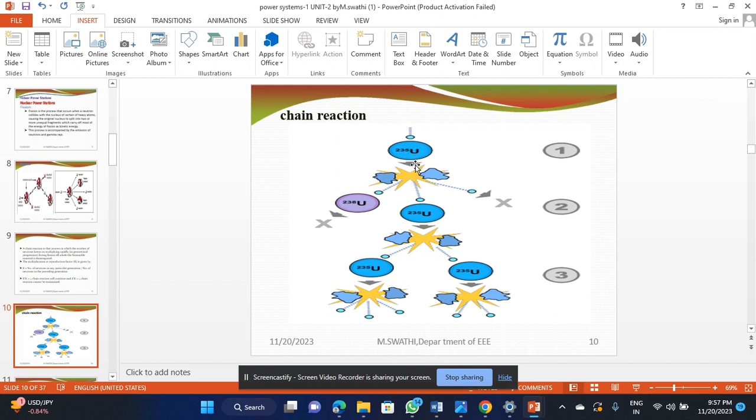When it is bombarded with a neutron, it releases two nuclei and three neutrons. Again, another uranium 235 is bombarded by another neutron, and it also releases three more neutrons. The same process goes on.